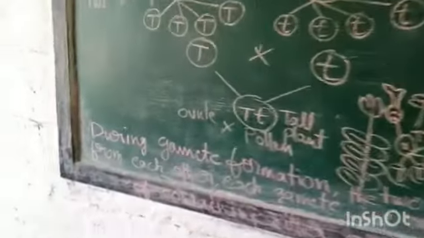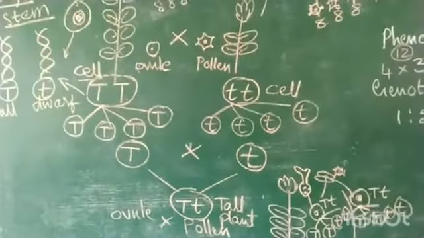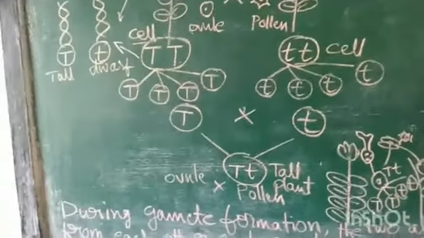Here, Mendel tells about the first law of genetics, which is called the law of segregation.